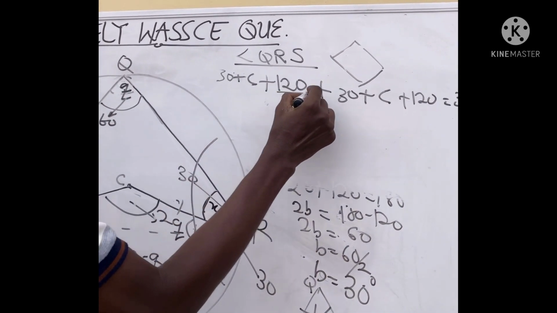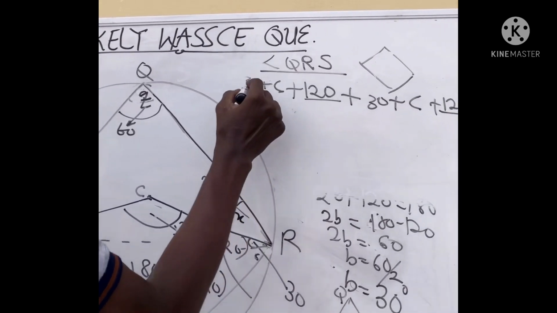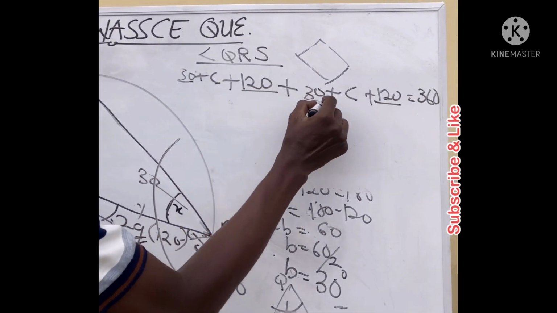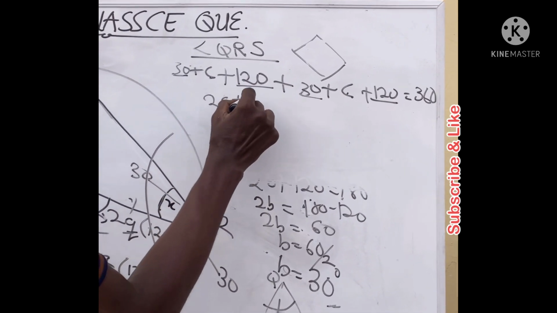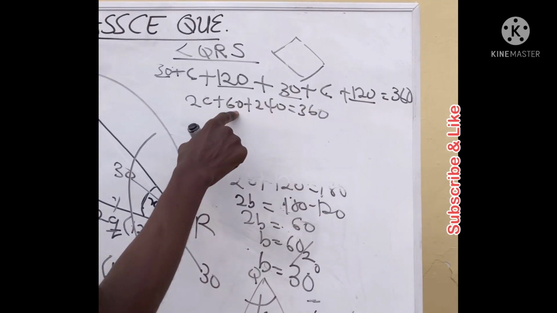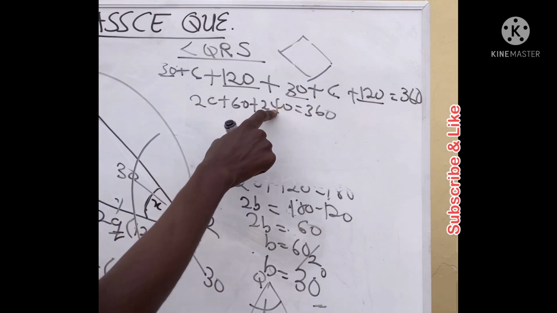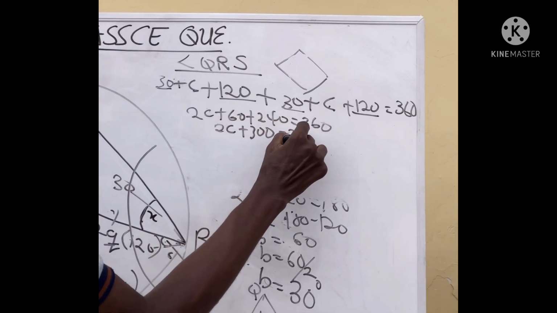Now 120 plus 120 will give us 240. 30 plus 30 will give us 60. C plus C will give us 2C. So 2C plus 60 plus 240 equals 360. 60 plus 240 will give us 300. So 2C plus 300 equals 360.